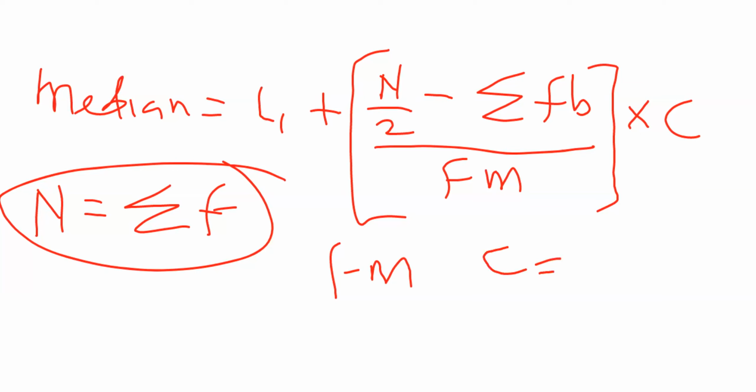You know, from 155 to 159, the interval should be 5. So the length of class interval is what we're talking about here. So based on this formula now, from our question, we can answer this.